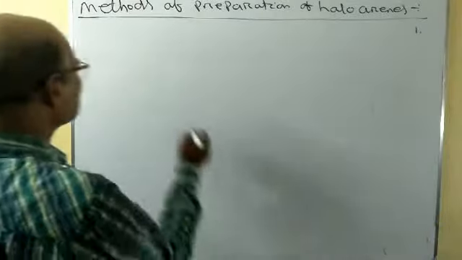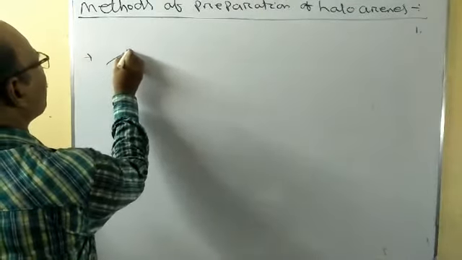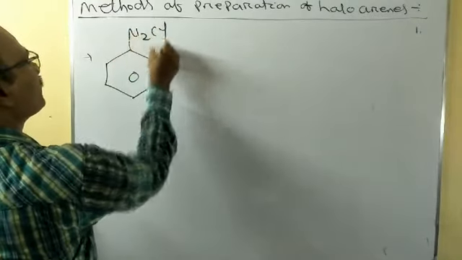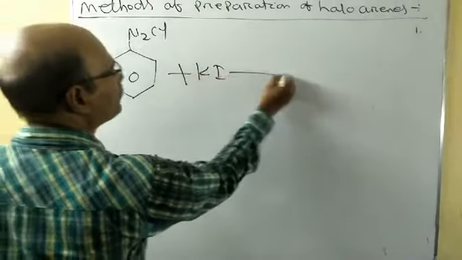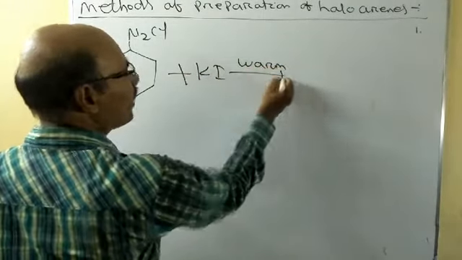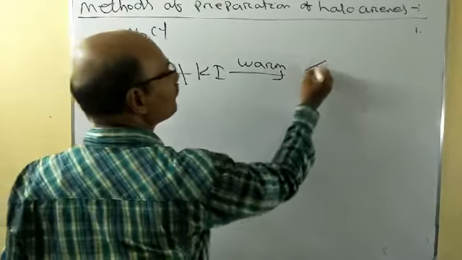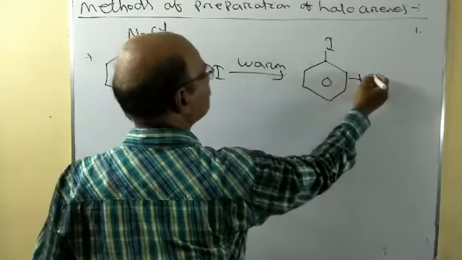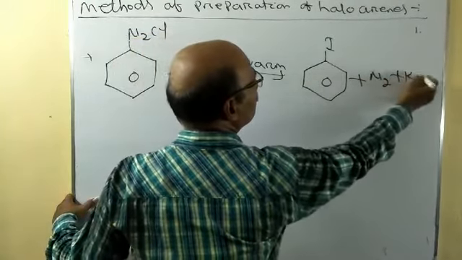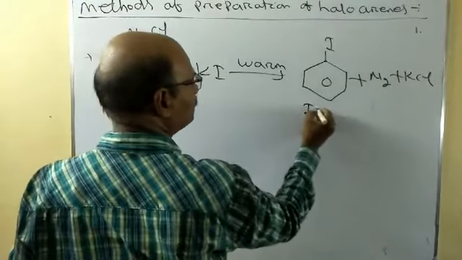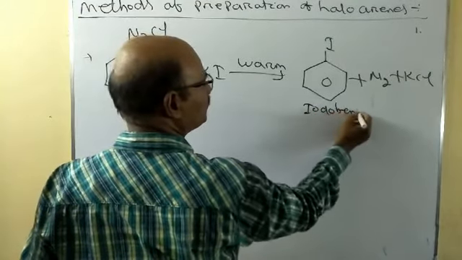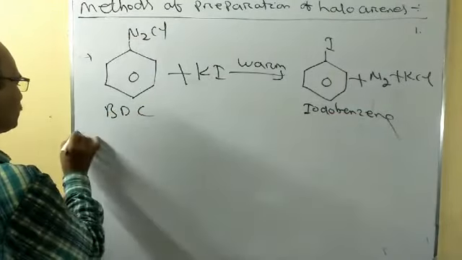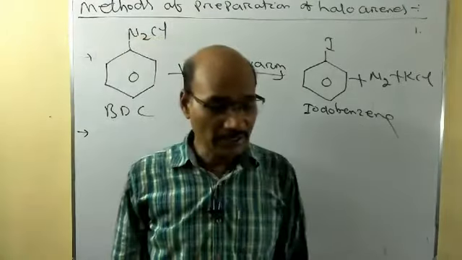So when benzene diazonium chloride is treated with KI, warm, then we are getting iodobenzene plus N2 plus KCl.